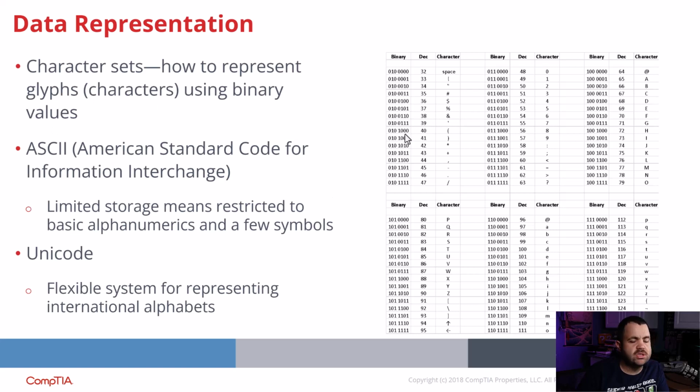So that's where these two main character sets come in. We have ASCII, which is the American Standard Code for Information Interchange. It's kind of limited by the number of symbols it can have. So it has just your baseline: your space, your different math symbols, 0 through 9, colon, greater than, the ones that you see up here on the screen.